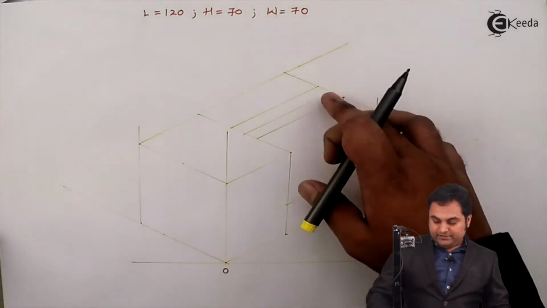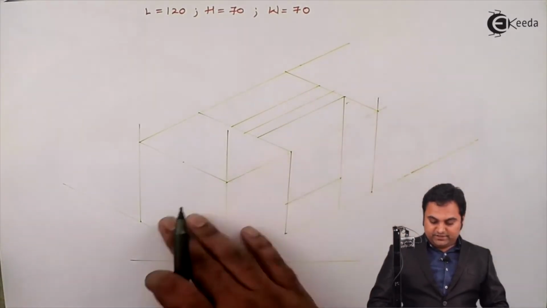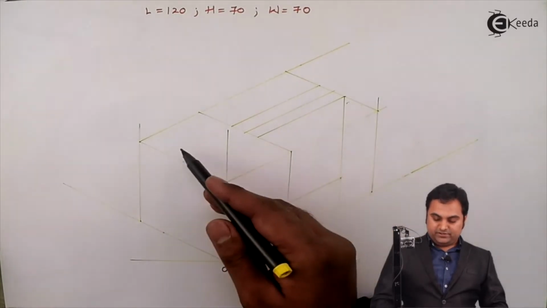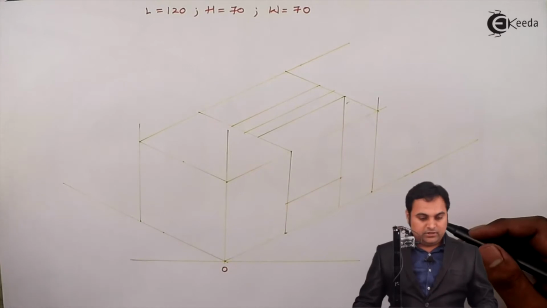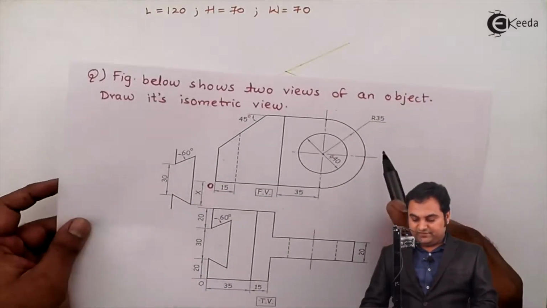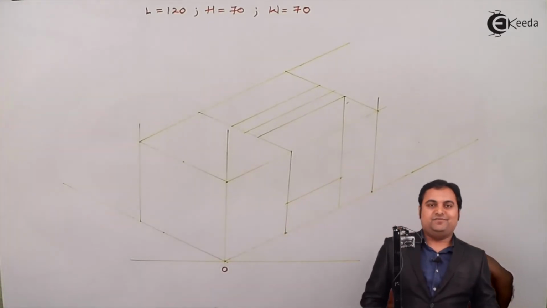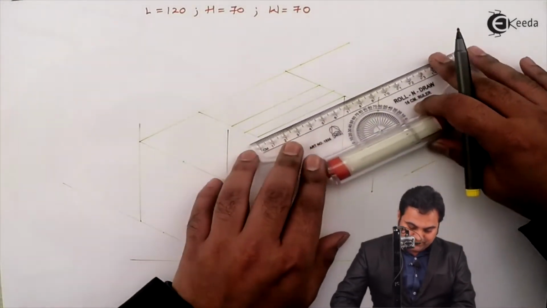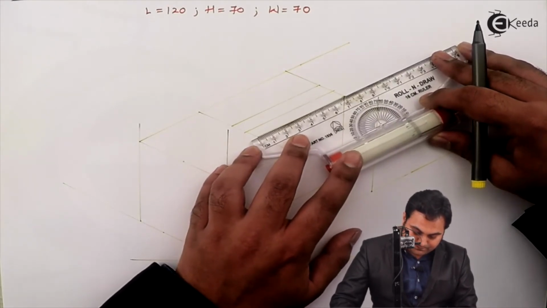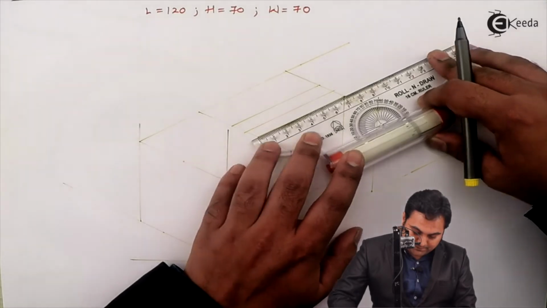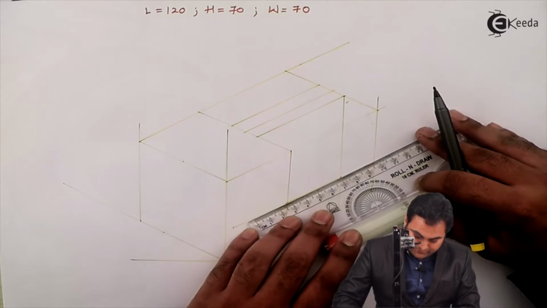Now I am getting the parallelogram inside which I would be drawing the semicircle first, and then I would be moving on to the next block, which would be here. So it is better to start with the semicircle. The semicircle has radius 35, so the diameter is 70. I'll explain the procedure for how to draw that semicircle. For that, we need to have the side as 70 mm, completing the parallelogram, marking 70 mm over it.